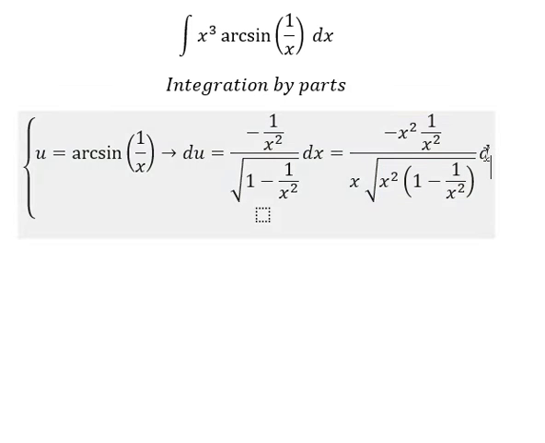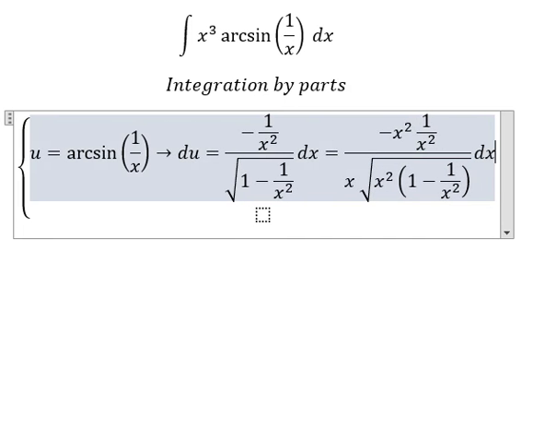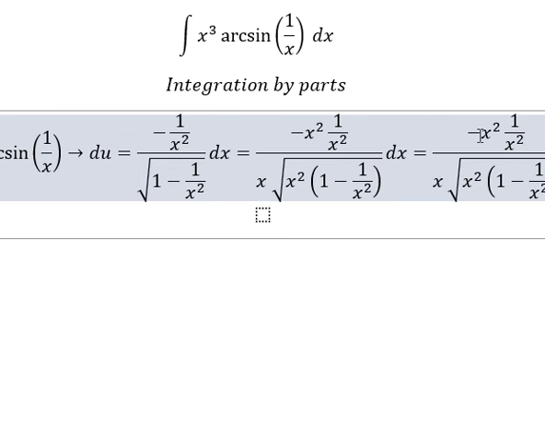And this one we need to simplify. The s squared cancels, s squared with 1 we have s squared, and with 1 over s squared we have number 1.